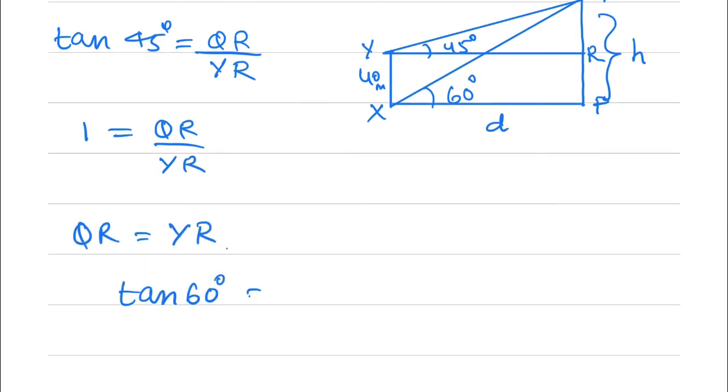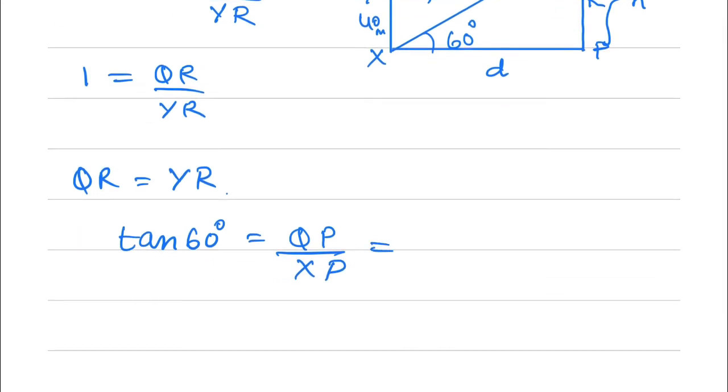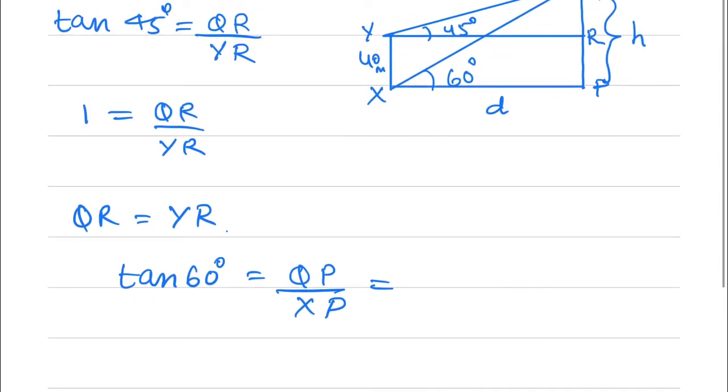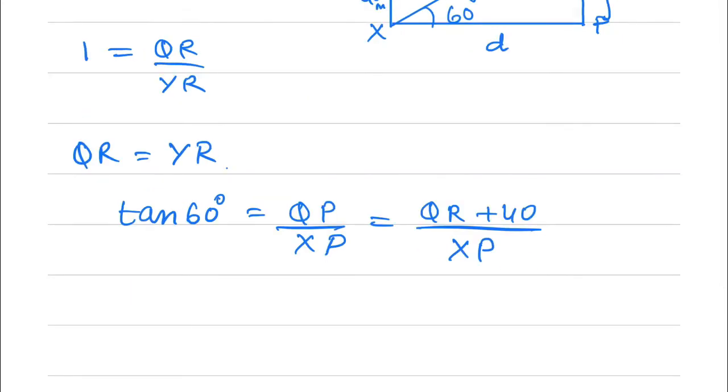So tan 60 degrees is equal to QP by XP. So QP I can write down as QR plus 40 divided by XP. Tan 60 degrees is root 3, which is equal to, and QR I can write down as YR plus 40, and XP also I can write down as YR.